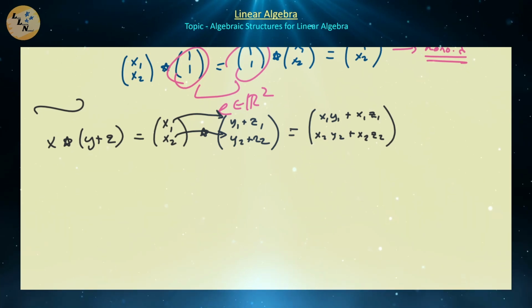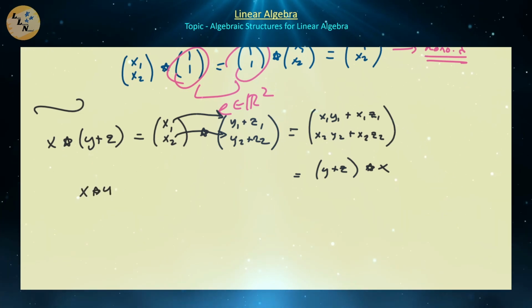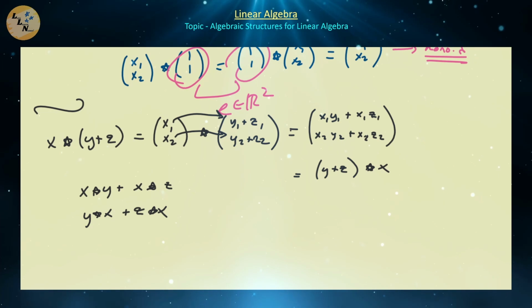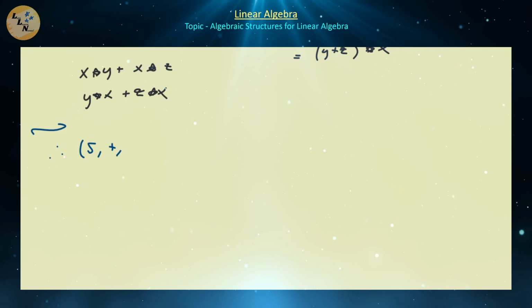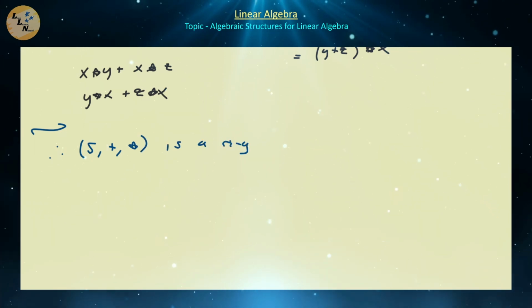And since we know the set of scalars is abelian, then we know that this is also going to be equal to, for example, y plus z starred with x. So it's actually equal to what they should be equal to. In particular, x star y plus x star z, and also y star x and z star x. So these are both going to be true, so it satisfies the left and right distributivity properties of star and plus. So since we have that S plus is an abelian group, we have S star is a monoid, we then have that S plus star is a ring.